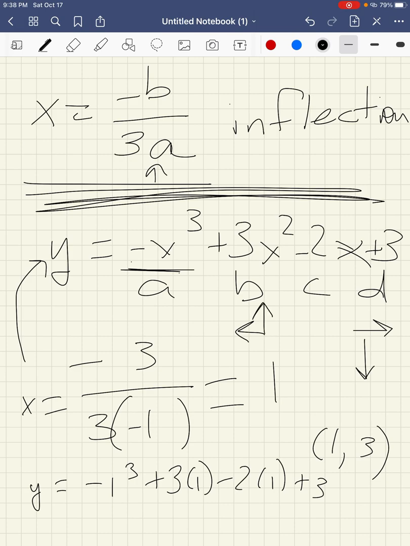So it's going up on the left and down on the right. We can also find where it crosses the y-axis by plugging in 0. That would be 0, 0, 0, 3. So we also know that it goes through the point 0, 3.